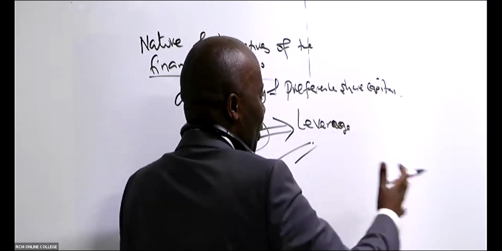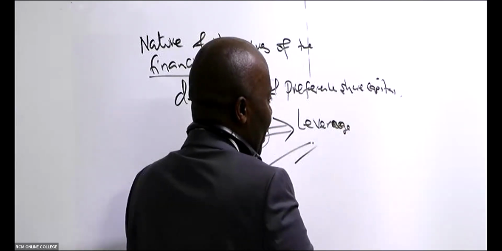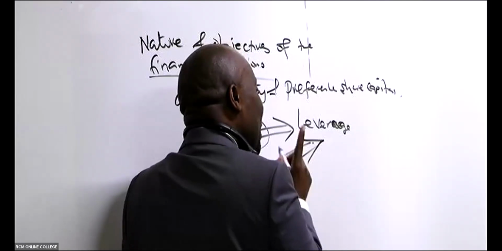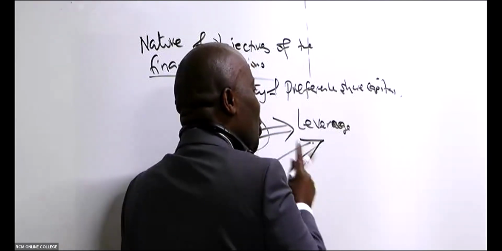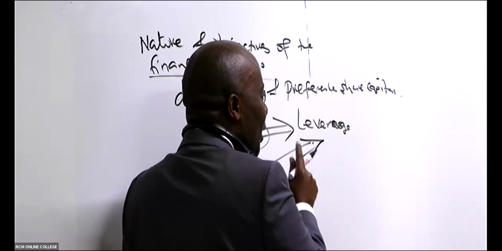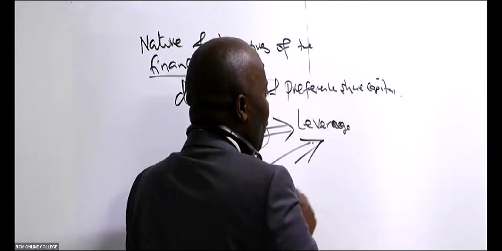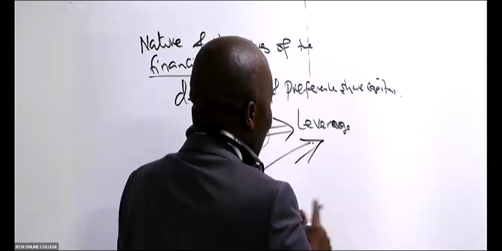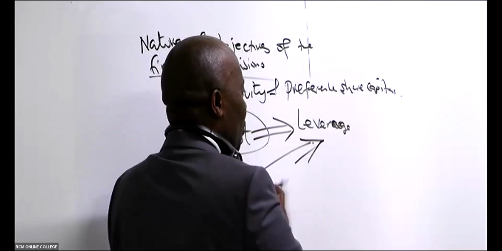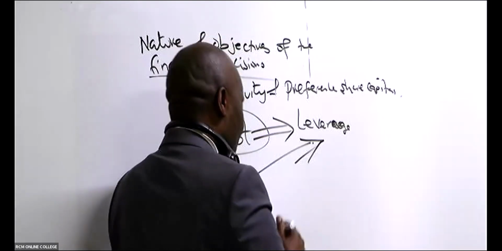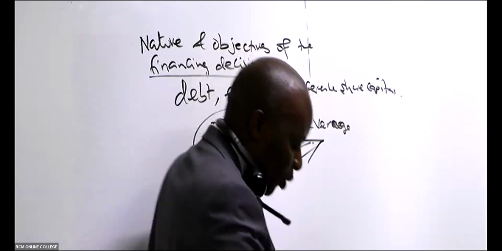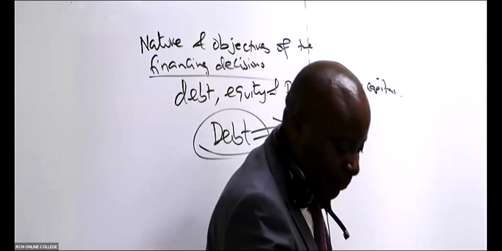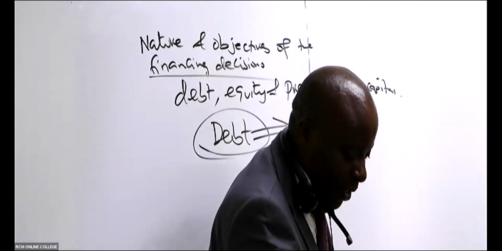You're able to lever on it to create more wealth. But at some level, it will become very risky. You could very easily lose all your assets, all your collateral. So at the end of the day, we must balance between debt and equity. What is that balance we should strike to ensure that we are able to maximize the owner's wealth?